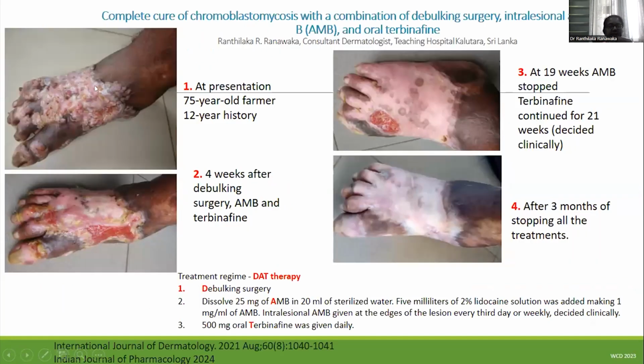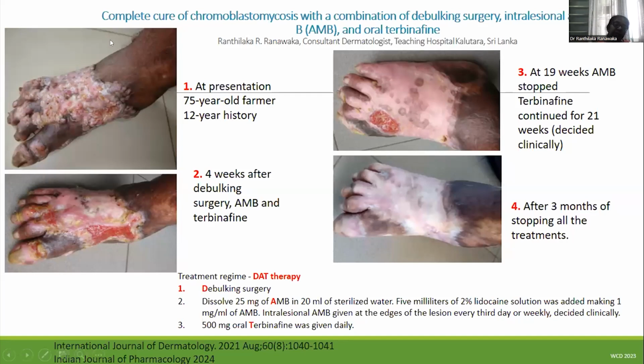This is a 75-year-old farmer. He has had this lesion for 12 years. He came to Kalutara Hospital when I was there. He had been suffering from this for 12 years, and it's very smelly, and he can't go outside with other people because of the smell.